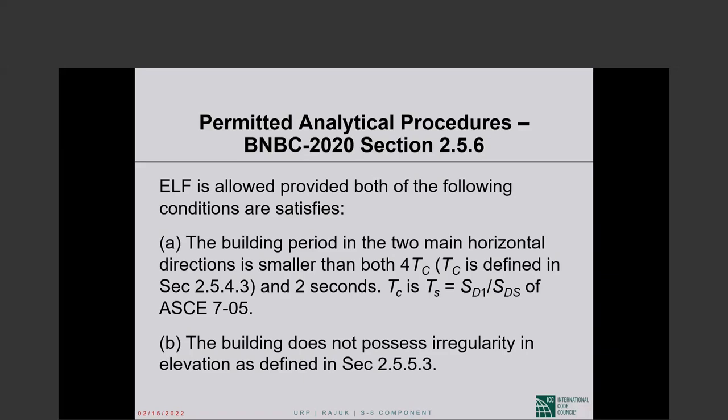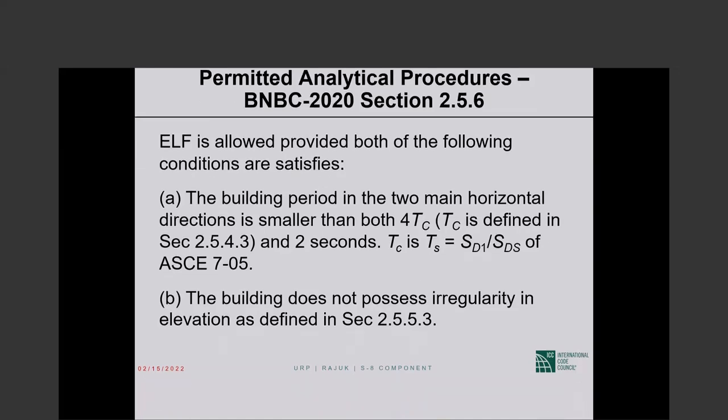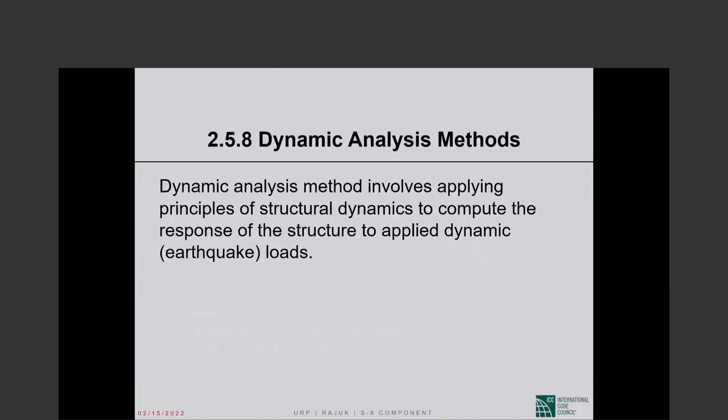These are BMBC requirements. These are not ASCE 7 requirements. I would say these are more severe than ASCE 7 requirements, but that's what you have, and this is what you have to comply with.